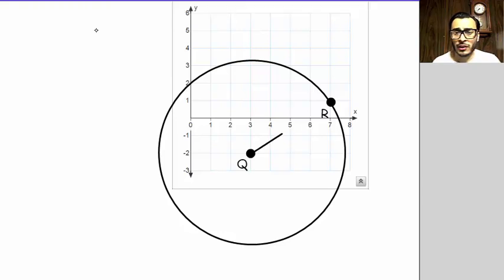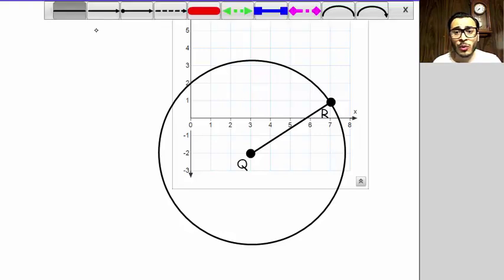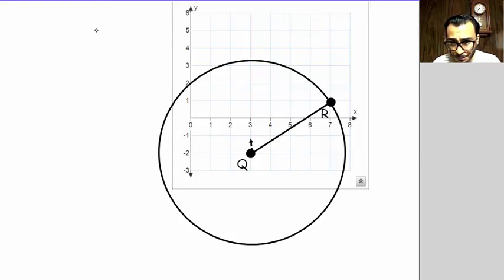So as you could see, QR is the radius. So what I'm going to do is find the radius QR and then multiply it by 2 to get the diameter. And here's how I'm going to find the radius. I'm going to actually form a right triangle, and I'm going to make it so that QR is the hypotenuse.